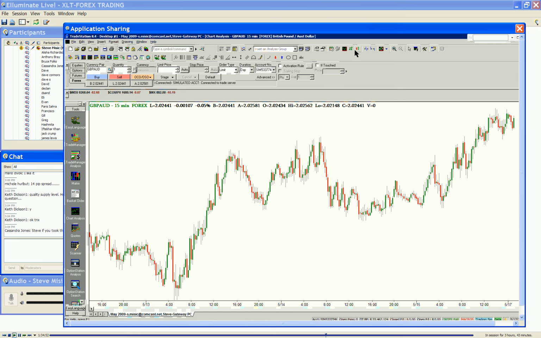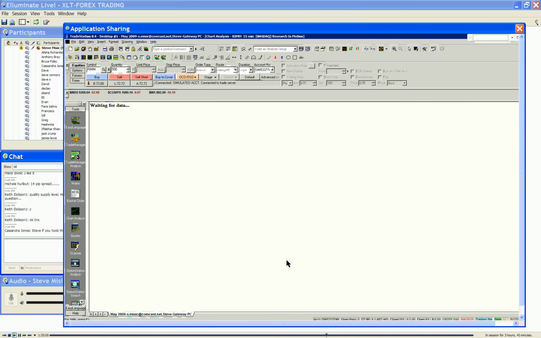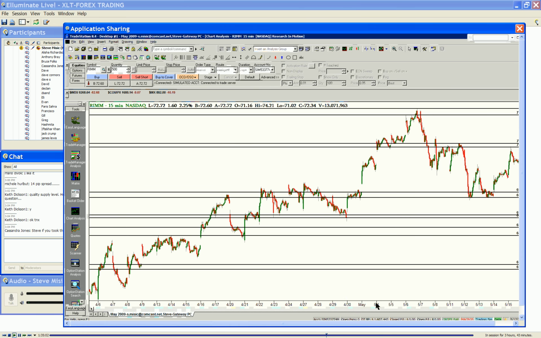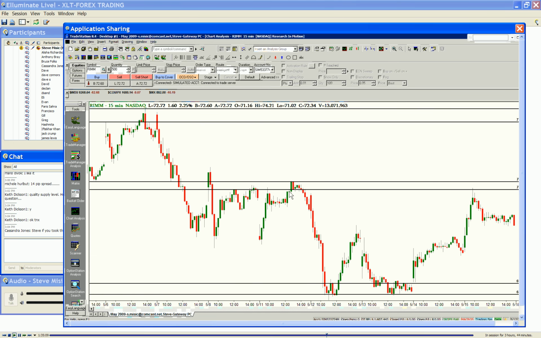This was happening in the MIT room the other day, and I'm going to show you this chart so you can see it. Take a second, because it's kind of important to what we're talking about. This is RIM, okay? And I said for anybody that wants to be an intraday trader, that wants a shot at taking a trade on a level that looks pretty nice, this is a rally-based drop, which I consider to be a quality level.